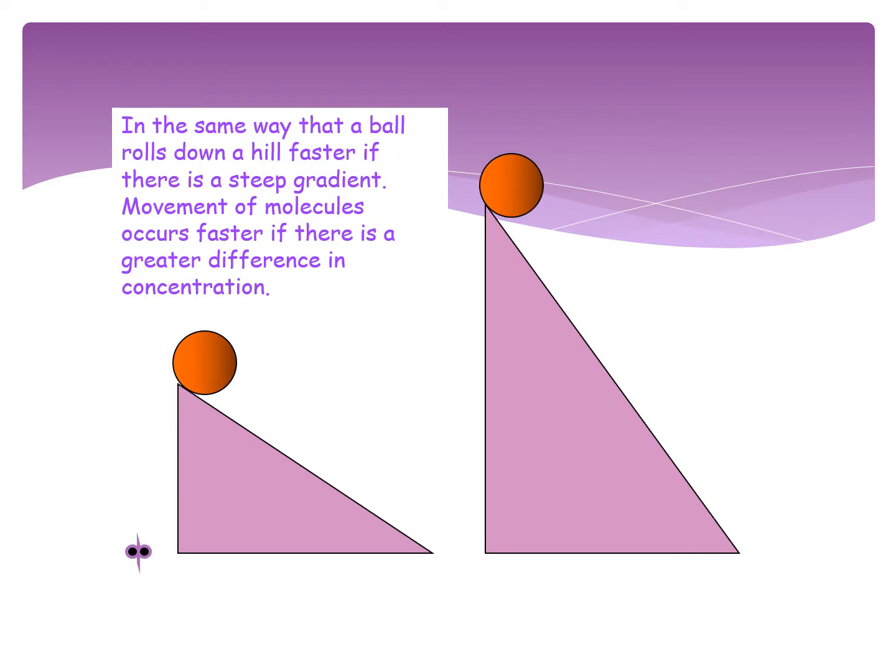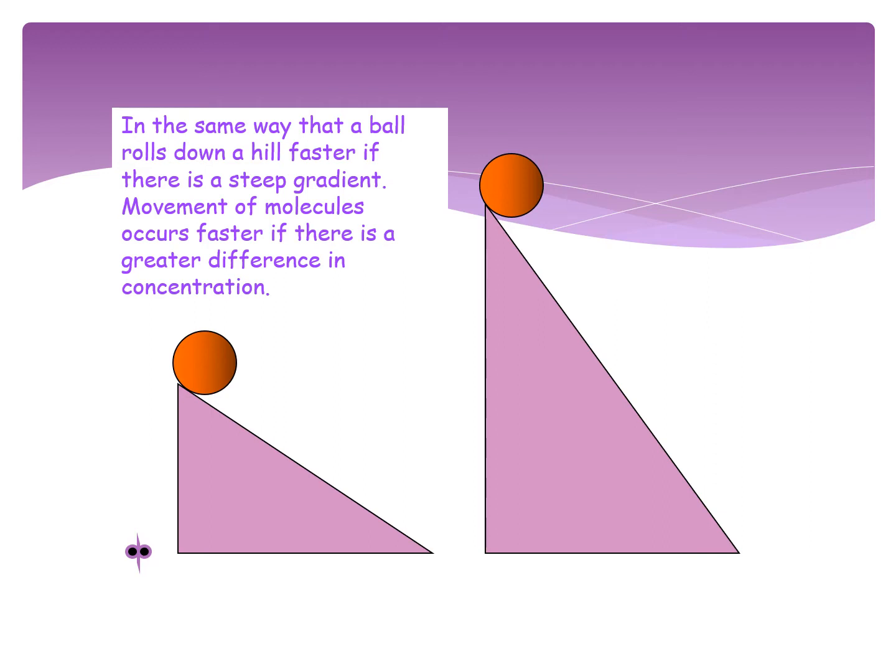So molecules act like either little balls or little bikes in this case when it's referring to a concentration gradient. In the same way that a ball rolls down a hill faster if there is a steep gradient, that just means a steep hill, the movement of molecules occurs faster if there is a greater difference in concentration.